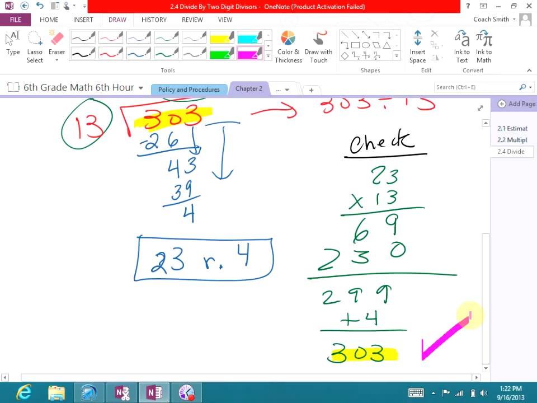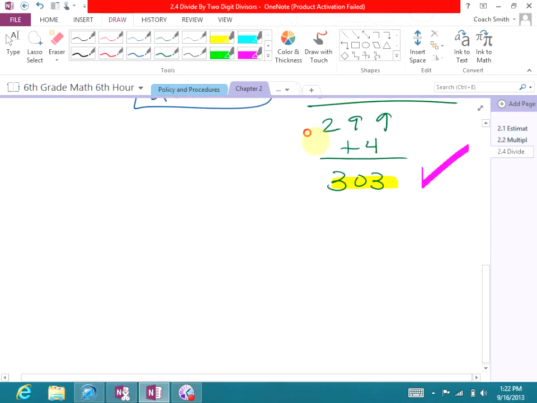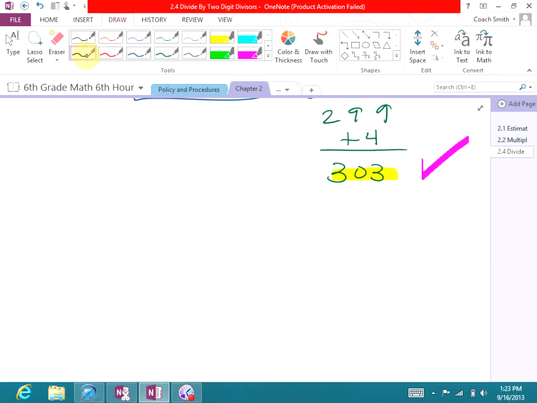Okay? Now, I want to look at another problem. This one here says 25 into 650. Now, a little trick that you can do to help yourself out. How many times does 2 go into 6?